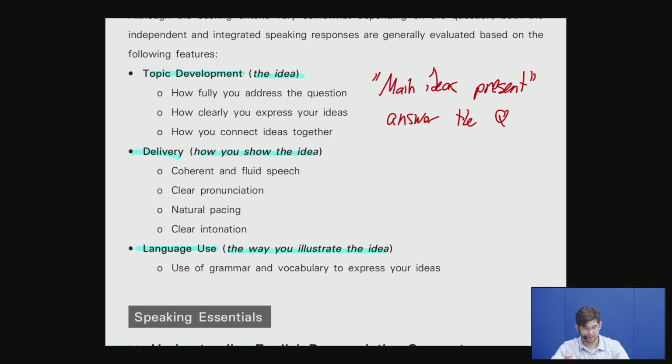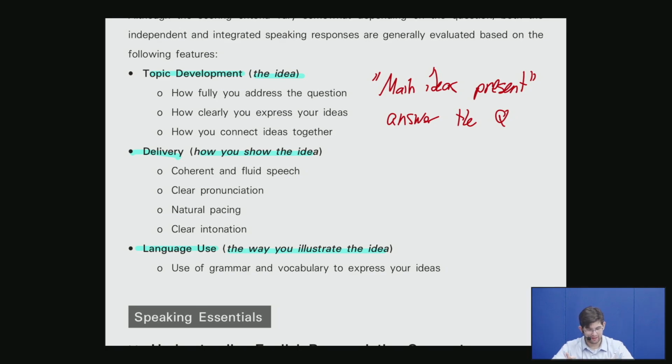What's really important here is that you're able to build an idea for the question and have an answer, as well as have that answer be mostly coherent, mostly clear, and well-paced. If we do these things, normally our grammar will work well enough to have a good score. But it's always making sure that we can address the question correctly first and foremost.